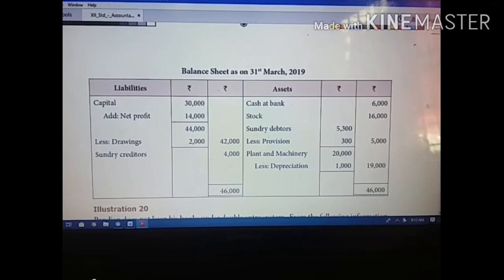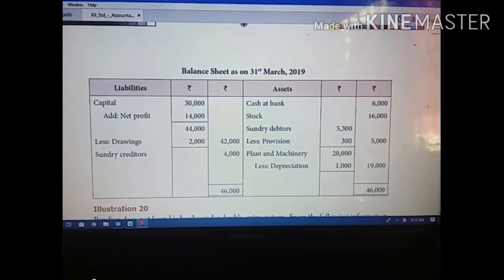The actual amount we are going to receive from the debtor is 5,300, but there is doubtful debt, so we have to minus 300 in the asset sundry debtors. After that we have to post the original value in the outer column.